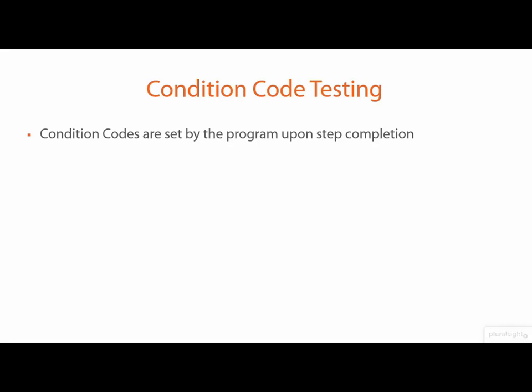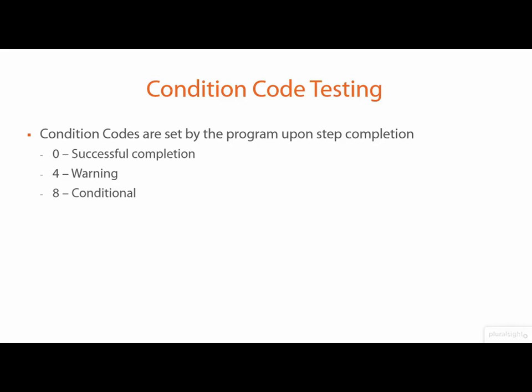So the condition code, as we said, is set by the program when the step completes. Every program must set a condition code in order to have a valid value. 0 indicates successful completion. A 4 typically indicates a warning, which means that it was successful, but there could be conditions there that warrant some scrutiny.